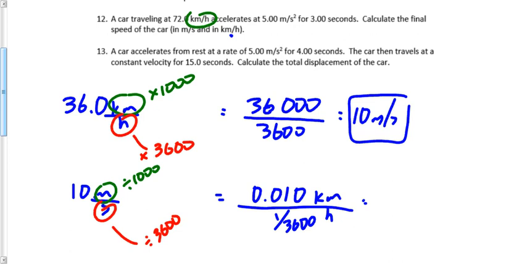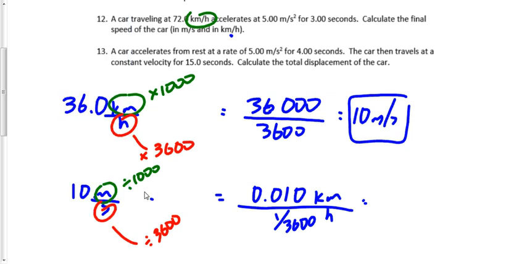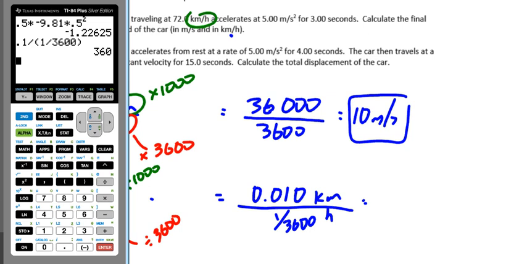If I go 0.01 divided by bracket 1 over 3,600, I get 36. Make sense?